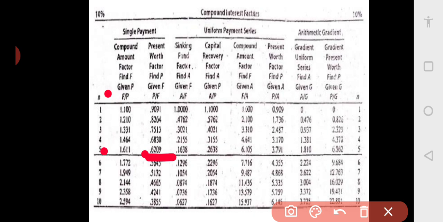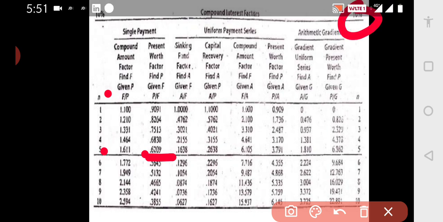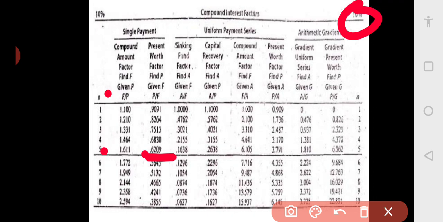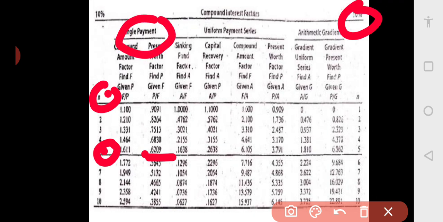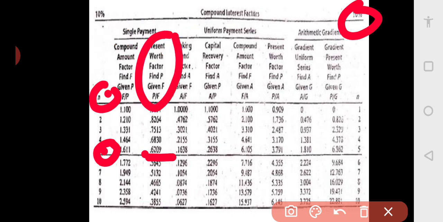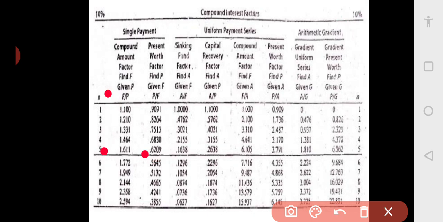For 5 years, interest is 10%. N is 5 years. And for the single payment, the present worth factor to find P, the present value, when the final value F is given, this is 0.6209.